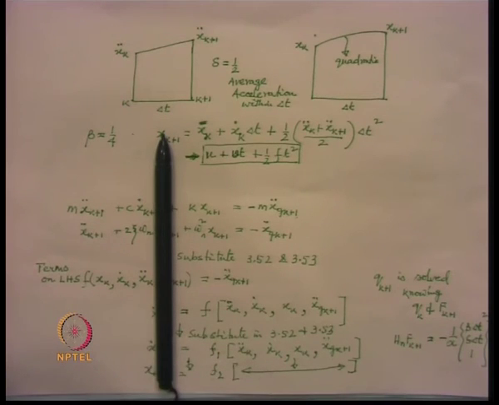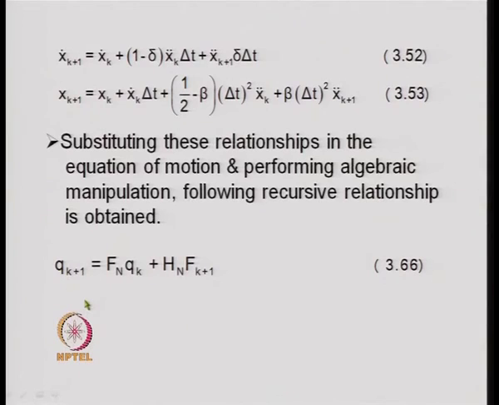So, this can be written in a compact form like this: q k plus 1 is equal to a matrix F n into q k plus H n into f k plus 1. Here f k plus 1 is the load acting at the k plus 1 station, and q k is completely known, that is the displacement, velocity and acceleration at time station k, and with the help of that we can obtain the response at time station k plus 1.